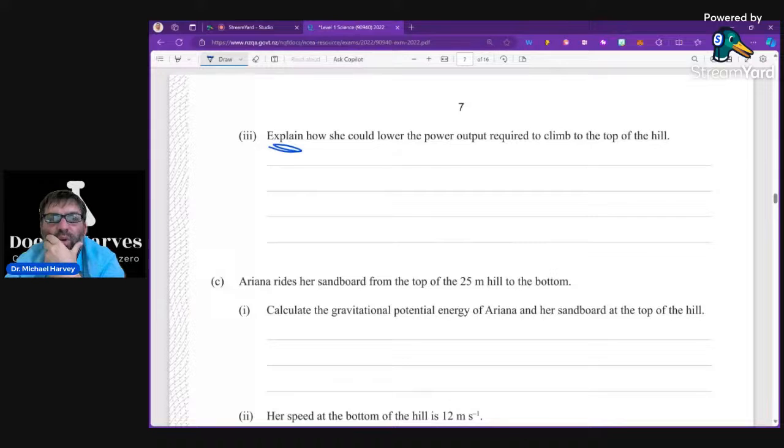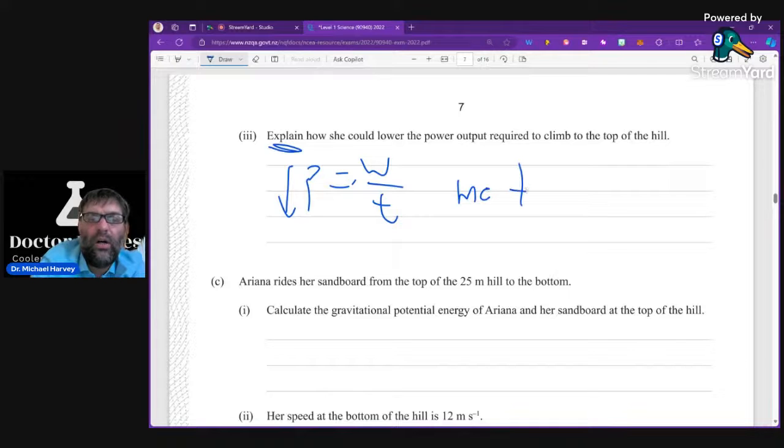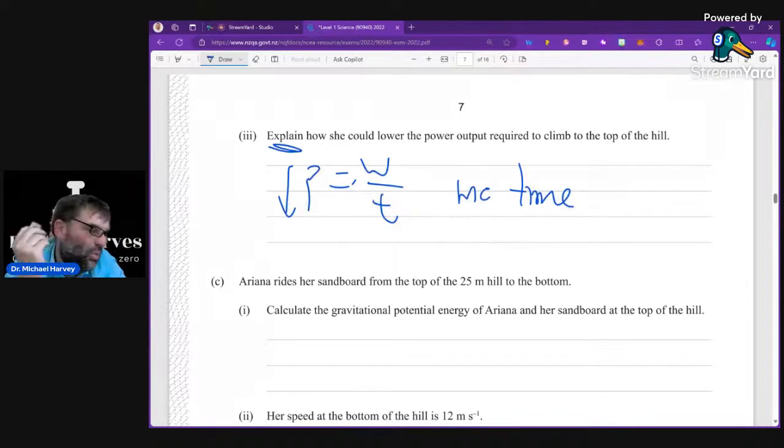So in terms of doing that, to reduce the power output, it's basically power equals work over time. So we want to lower the power output. So the only thing you could do is increase time. Okay, so if it takes longer to climb the hill, that will reduce her power.